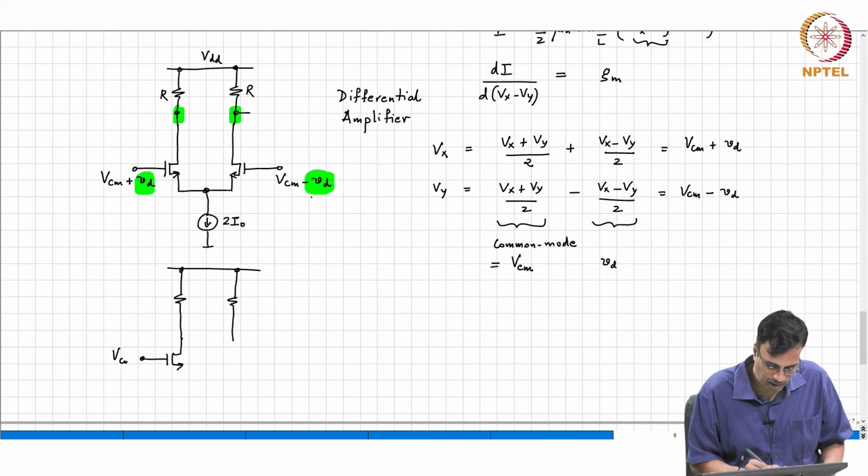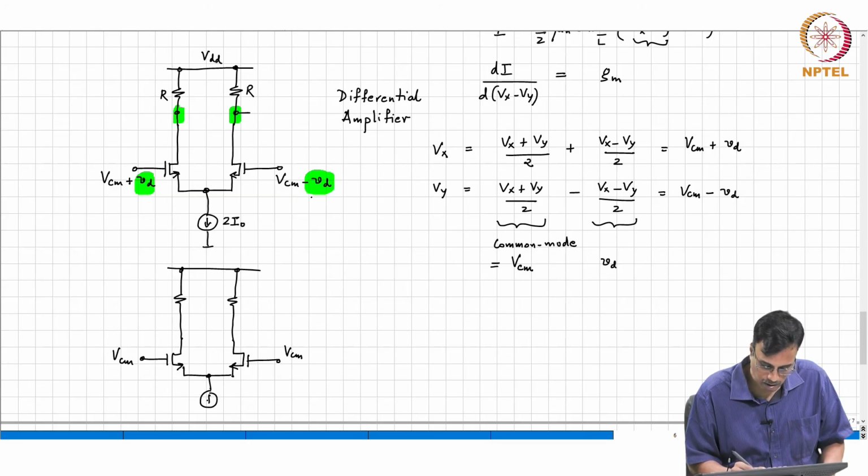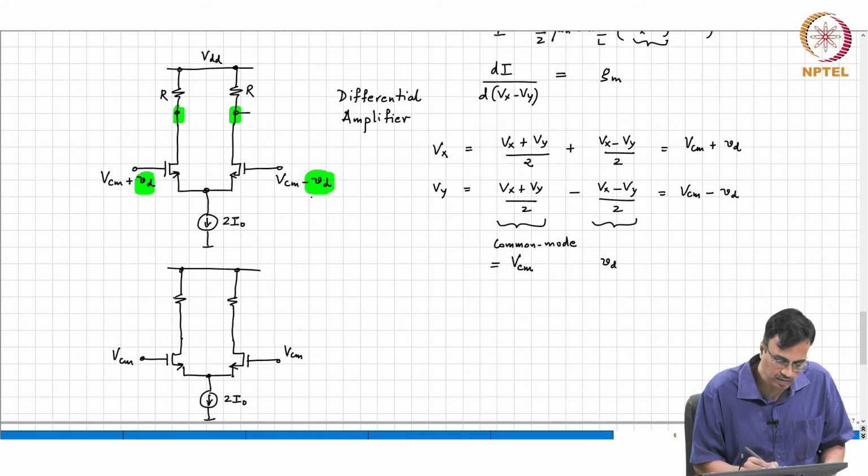This is some capital VCM, this is 2I naught, this is R and VD.